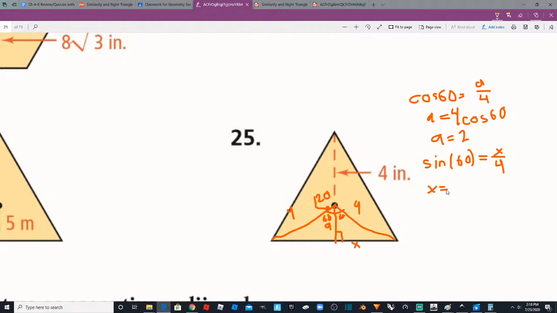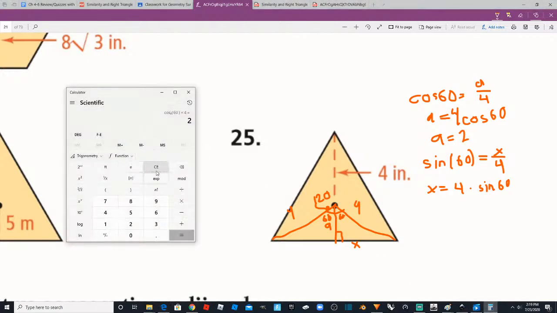X is equal to 4 times sine 60. Okay, I'm just double checking. I don't think sine of 60 gives anything nice, probably.